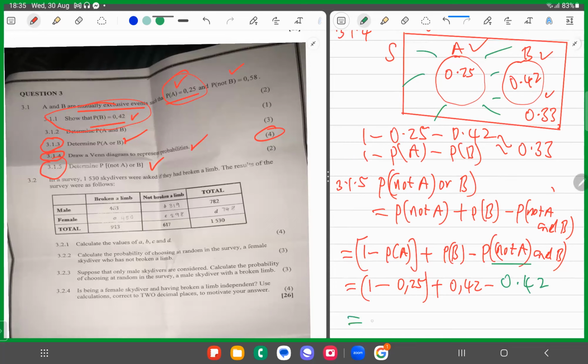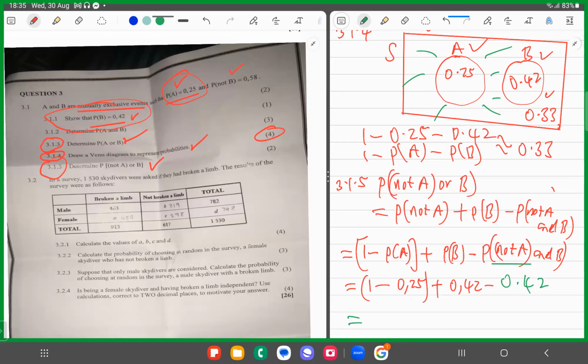Which means, therefore, we are in business, right? So now we just need to do the calculation: 1 minus 0.25 plus 0.42 minus 0.42.